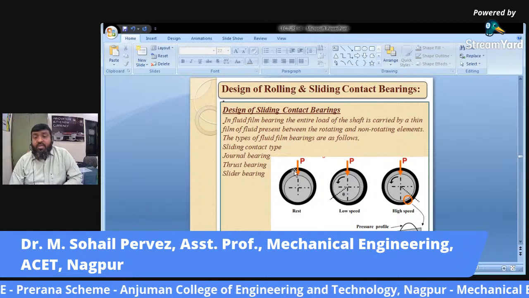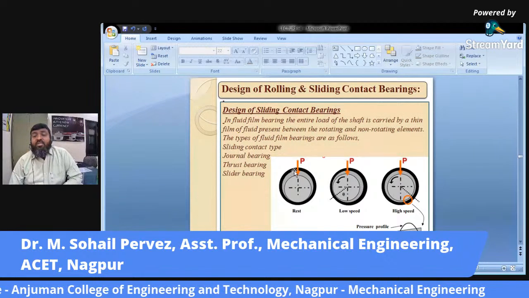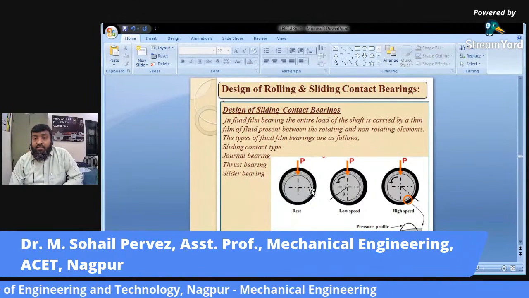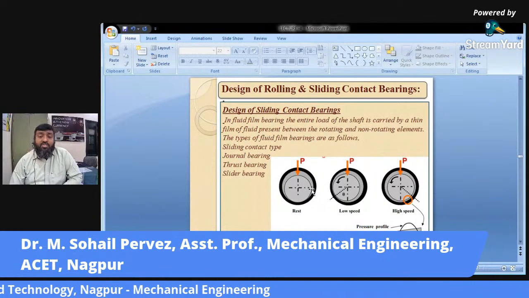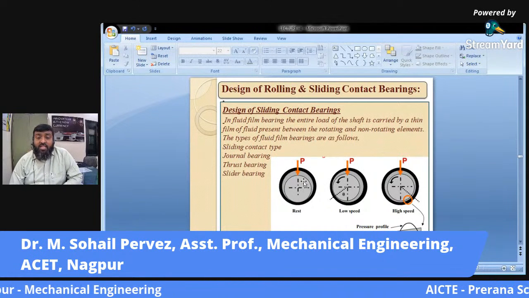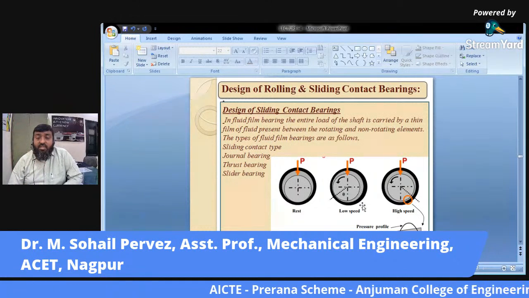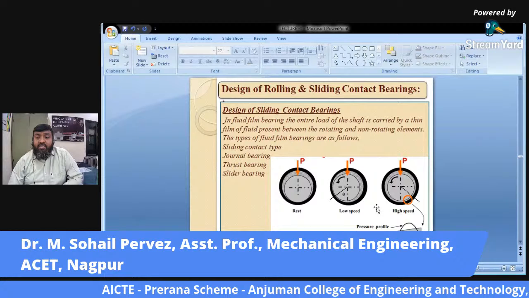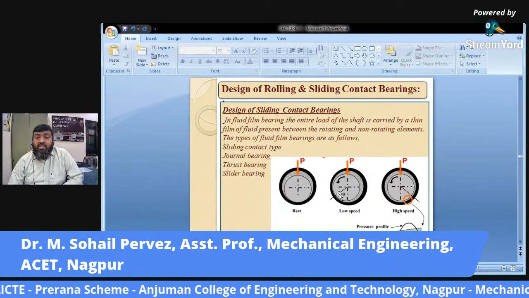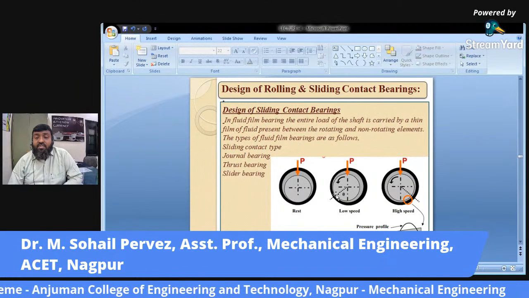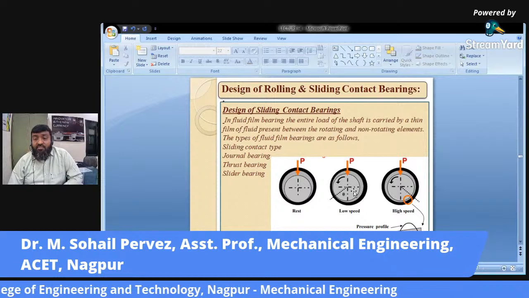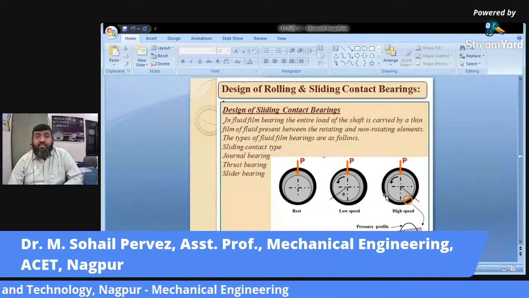Yes, SAE20, SAE10, SAE30 type of lubricating oil, having a very good viscosity. So it gradually occupies the space at low speed and tries to separate the surface of the shaft from the surface of the bearing itself.